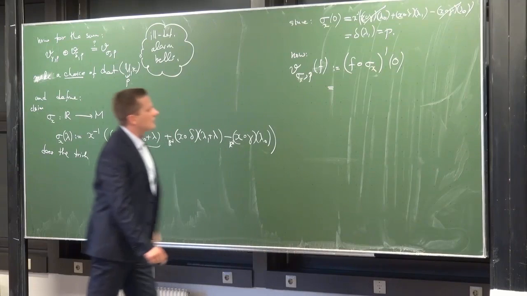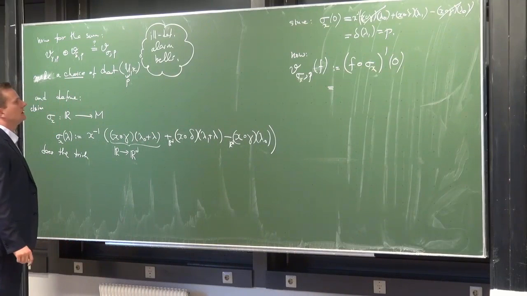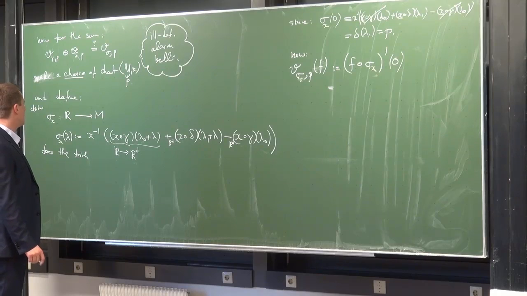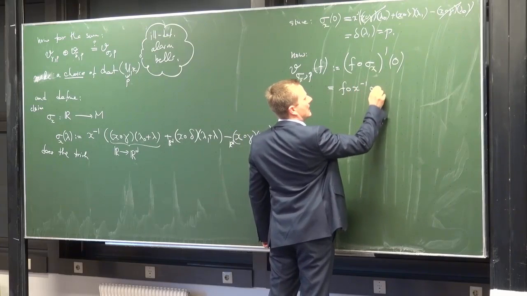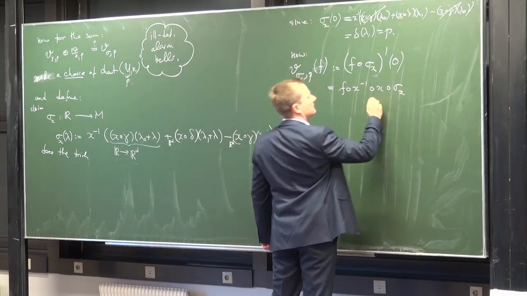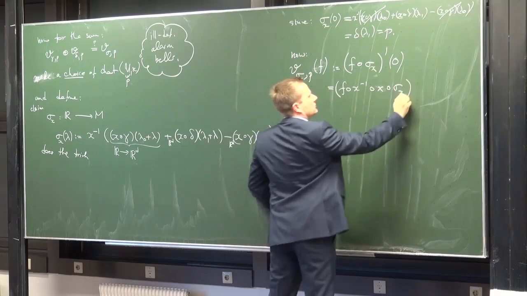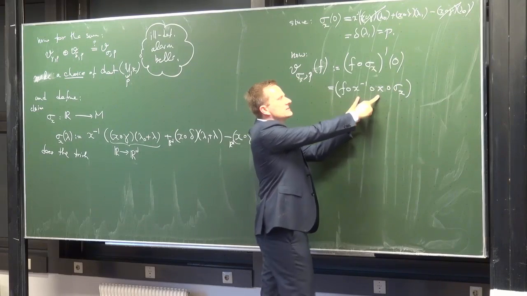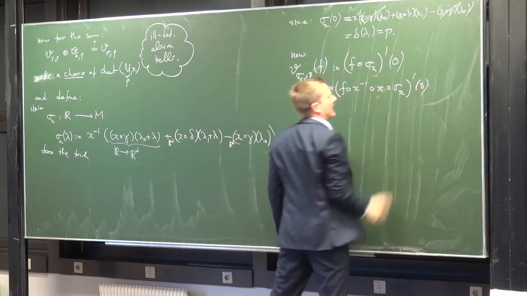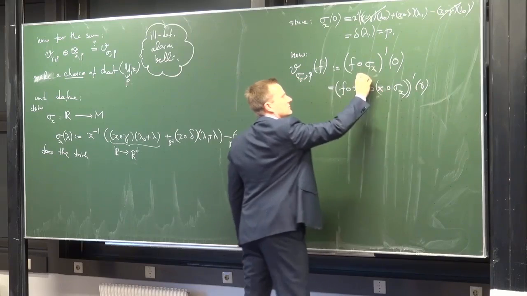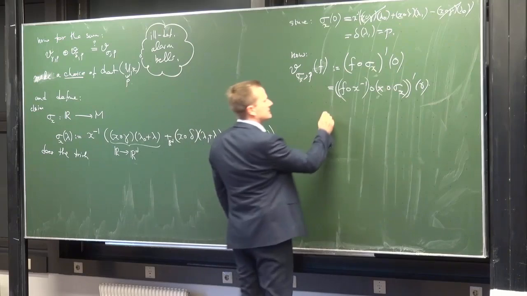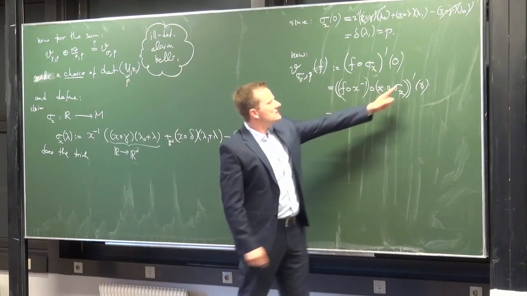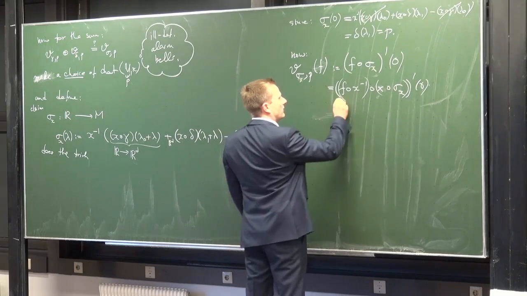Now, I use an intermediate chart. So f after x inverse after x after sigma x. I'm allowed to do this, right? I insert the identity, that's the standard trick, derivative at 0, and then I use the associativity of the composition to re-bracket like this.